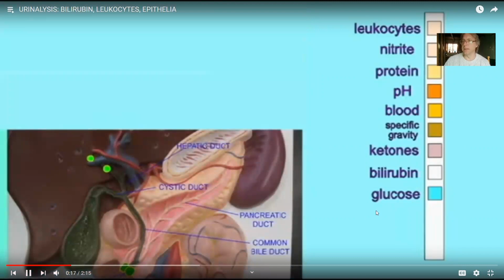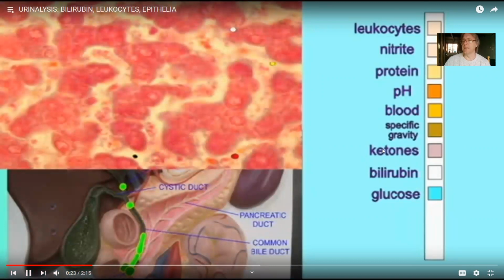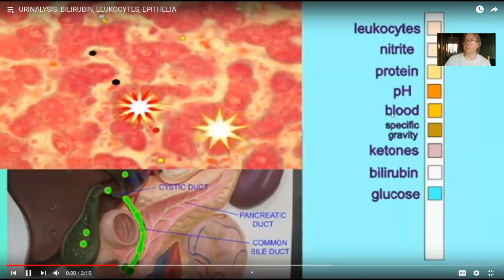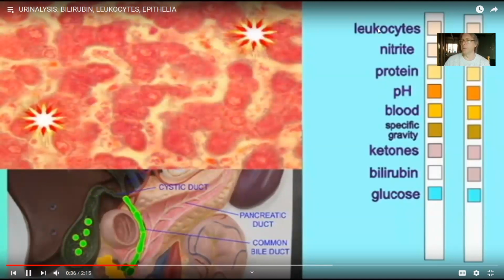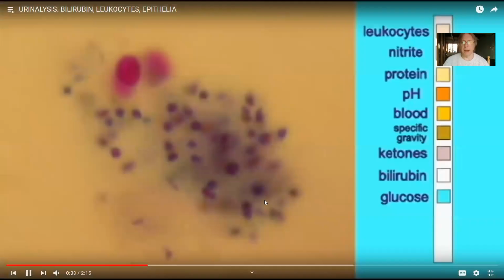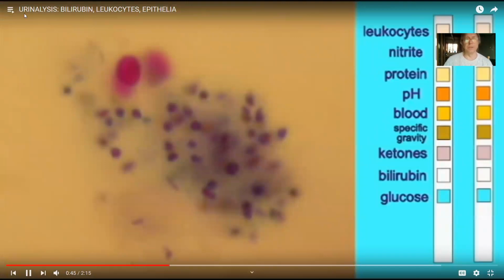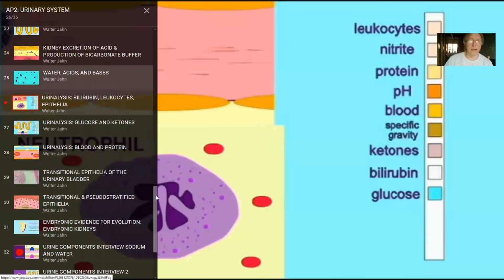These shouldn't be in urine, but various conditions like diabetes for glucose and ketone bodies, or bilirubin from liver damage, or blood, say from kidney stones, or damage to the filtration membrane. Proteins, the same thing, leukocytes or nitrites from urinary tract infections. There can be abnormal components in urine, and these videos then go through what is normally present in urine and what isn't.